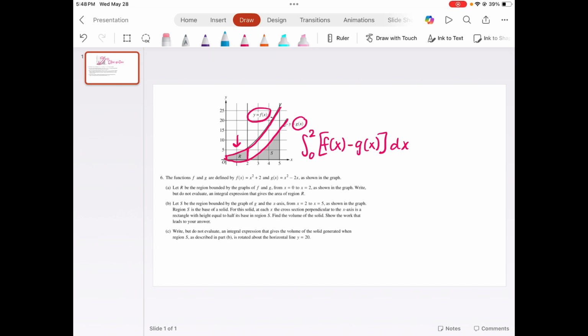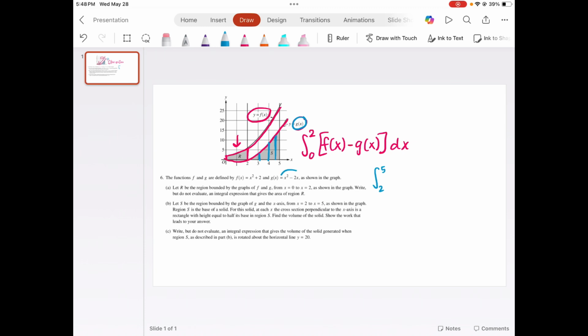So for this one, we're going to be integrating the region S from 2 to 5. So we're going to do integrate from 2 to 5. Now we're dealing with rectangular cross sections, and it says the height is going to be half of its base. So the base is just going to be this distance here, which would actually just be g of x.